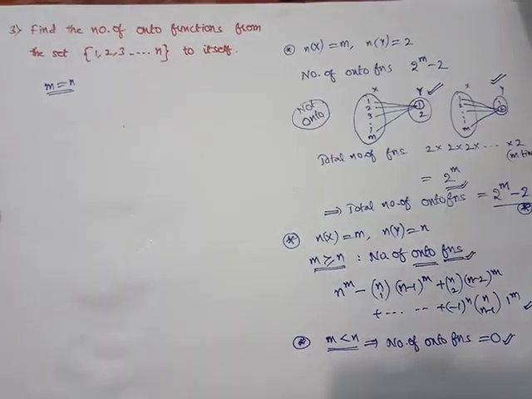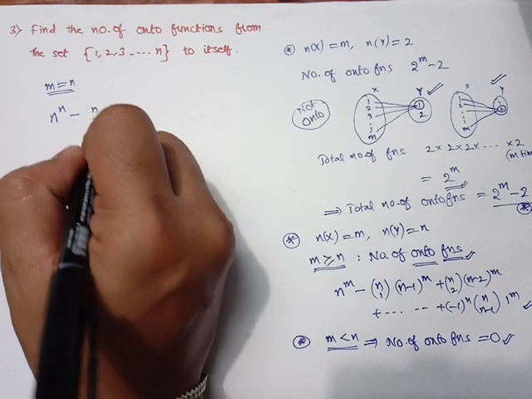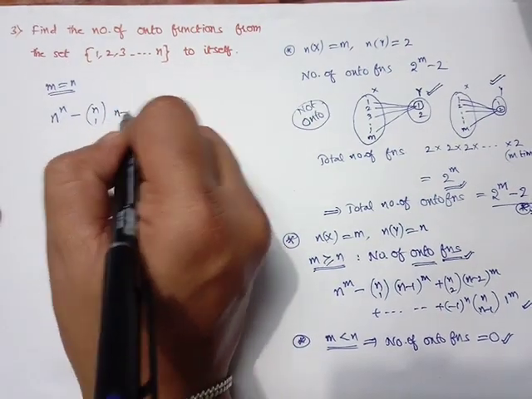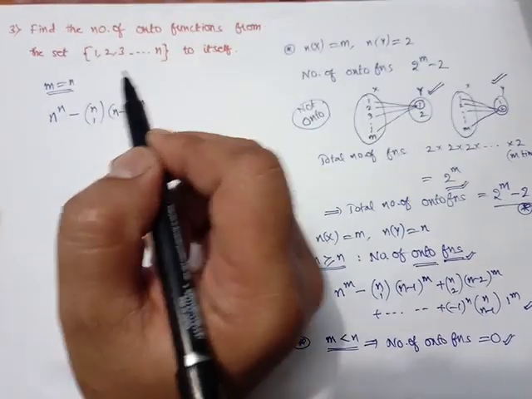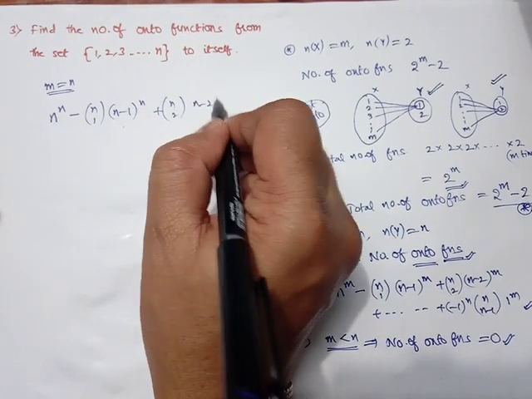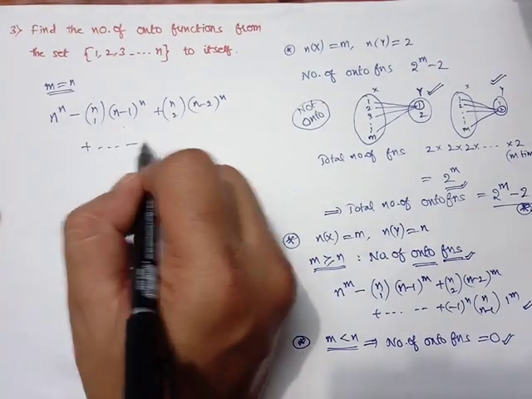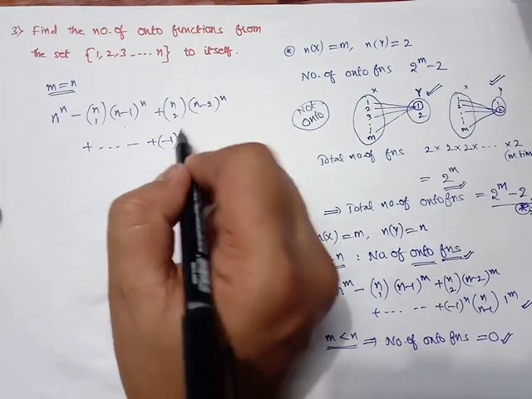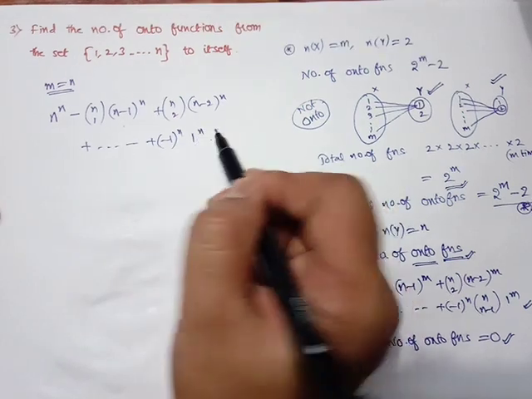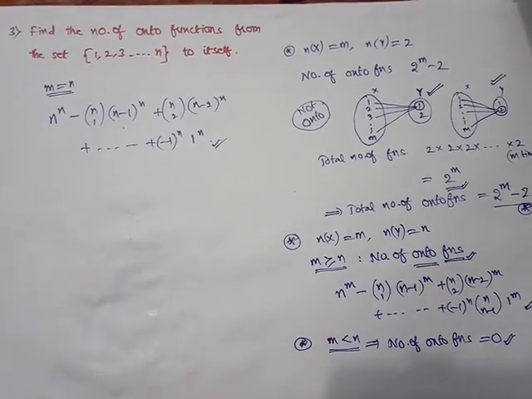Then we'll take here n power n minus nC1 (n minus 1) whole power n plus nC2 (n minus 2) whole power n plus and so on, minus 1 whole power n, 1 power n. So this is your value.